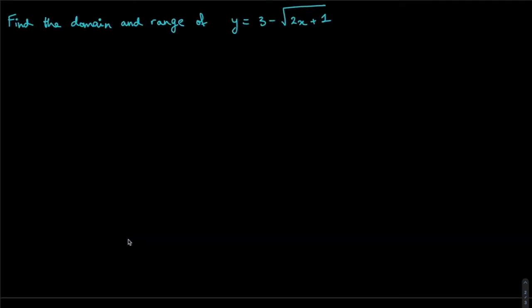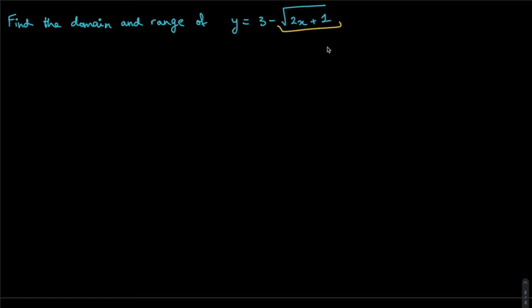All right, let's find the domain and range of this function. Let's break this up. We have this and this. The 3 won't really affect the domain in any way, so I'm going to ignore that because it's all dependent on x. We just have to focus on the square root.